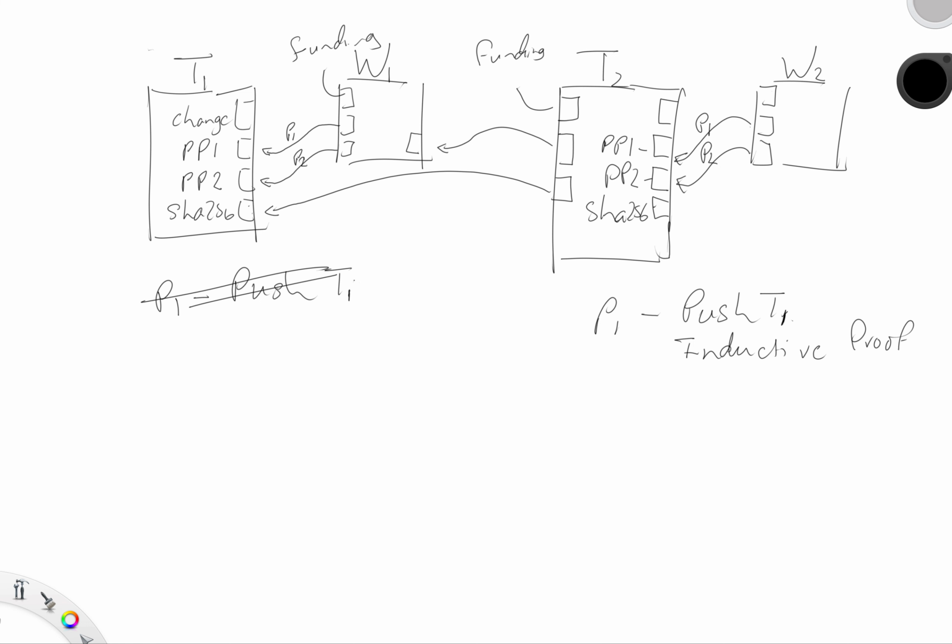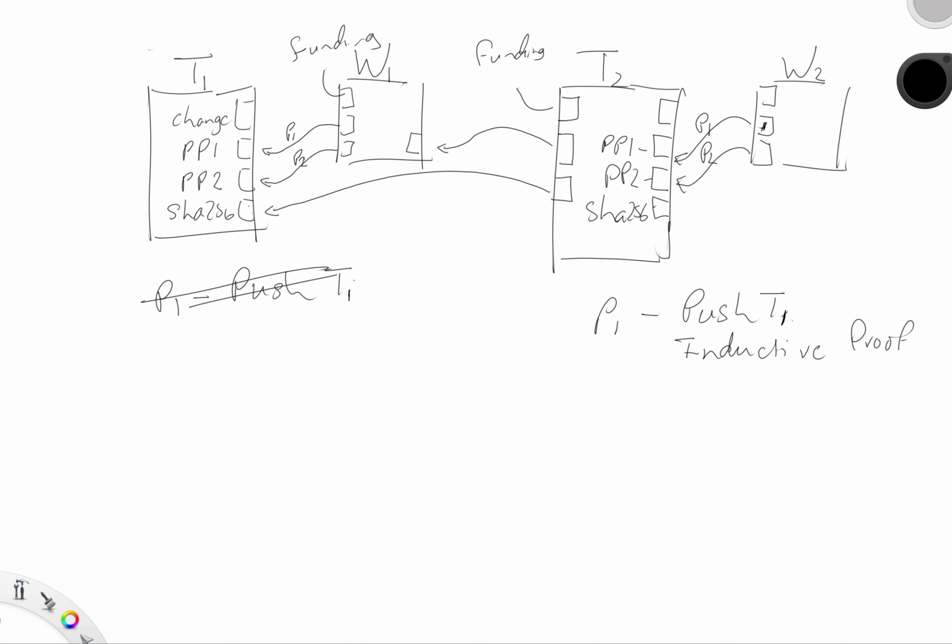So I'm doing an inductive proof by essentially having the raw transaction for T1, pushing it from here. So I'm going to push T1 and then validate some things about T1. At the same time, I'm going to do an on-chain reconstruction of T2.